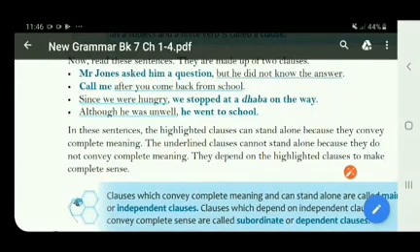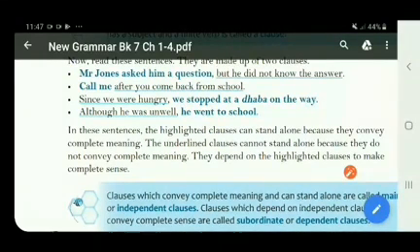Call me is the independent clause, after you come back from school is the dependent one. Number 3. Since we were hungry, we stopped at a dhaba on the way. Since we were hungry is the dependent clause, and we stopped at a dhaba on the way is the independent clause. Number 4. Although he was unwell, he went to school. Although he was unwell is the dependent clause, and he went to school is the independent clause.